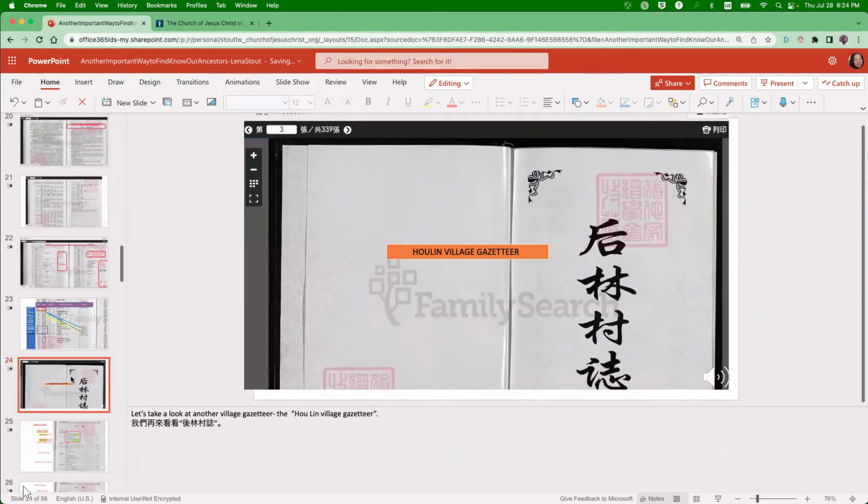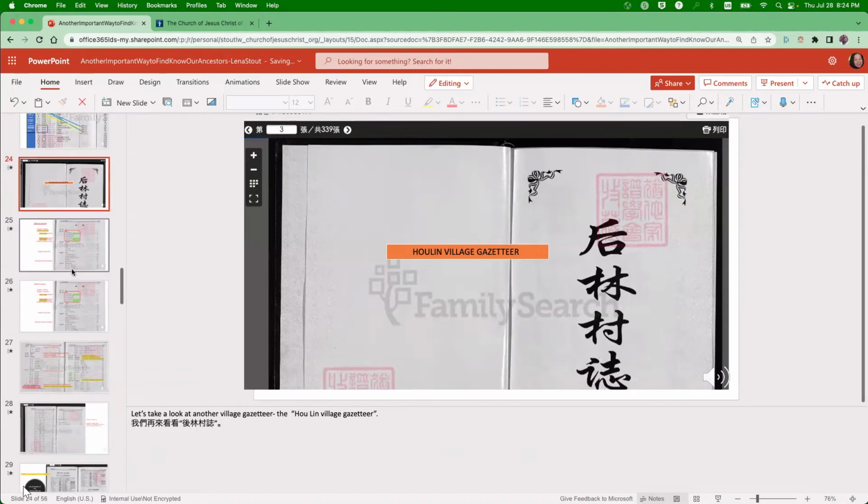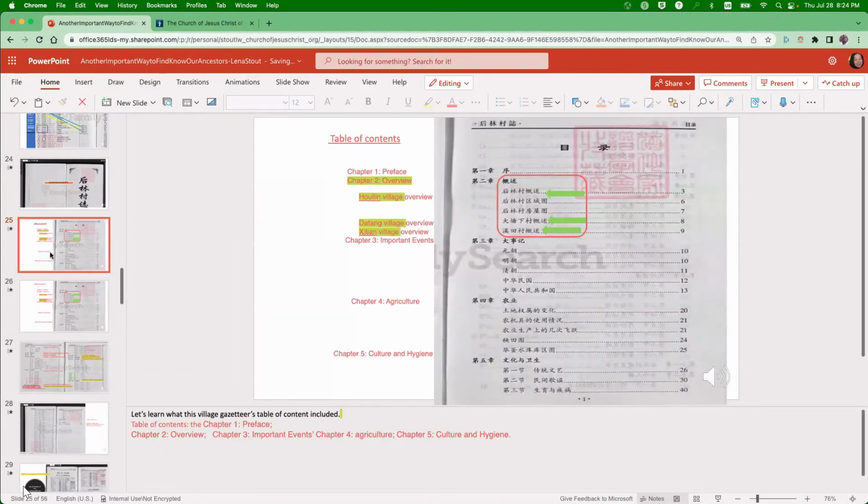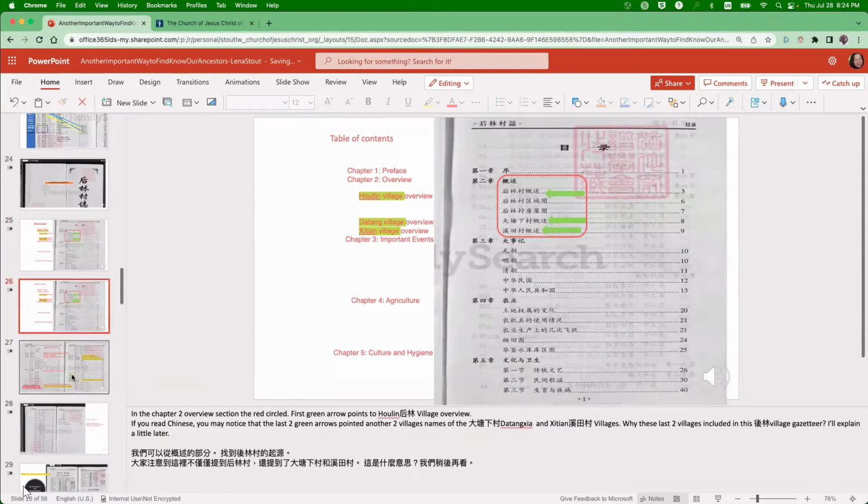So that's another village gazetteer. You can see, I'll give you a pause. Wow. Okay. This one is a little bit different. The village name is Houlin village, but they also mention Datang Xiacun and Xitian Cun, which are other villages. Normally that makes no sense, because we're supposed to be talking only about Houlin Cun.